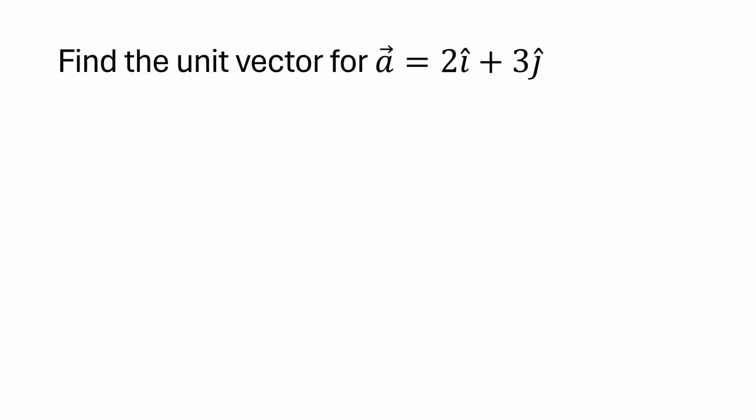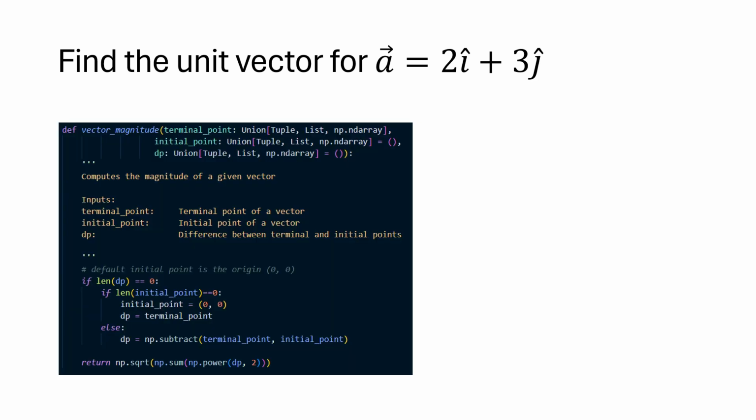Let's try to solve a problem in which we want to find the unit vector for the vector A, which is equal to 2 times i hat plus 3 times j hat. As we saw before, to compute the unit vector, we need to divide the vector by its magnitude. So let's first write a function to compute the magnitude of the vector.